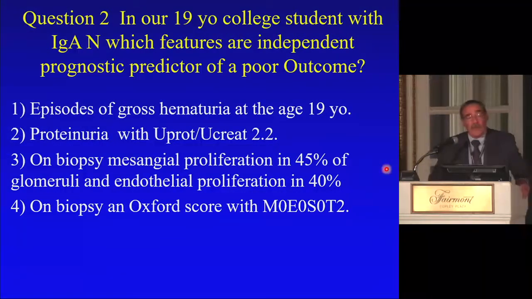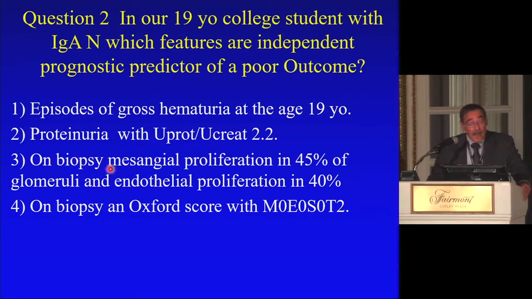So here's question 2. We have our 19-year-old white male college student. Which features independently predict a poor outcome? Is it the fact that he had episodes of gross hematuria at only 19 years of age? Is it that his proteinuria is a protein-creatinine ratio of 2.2?